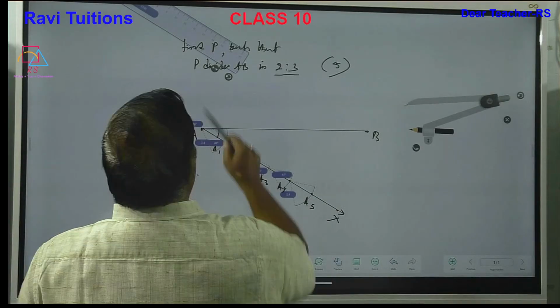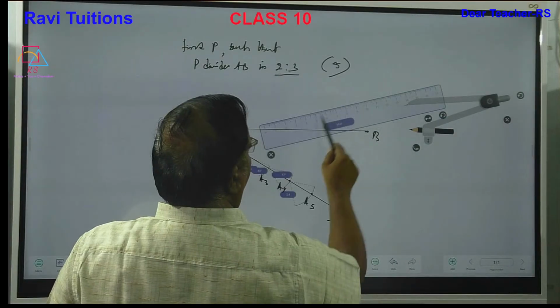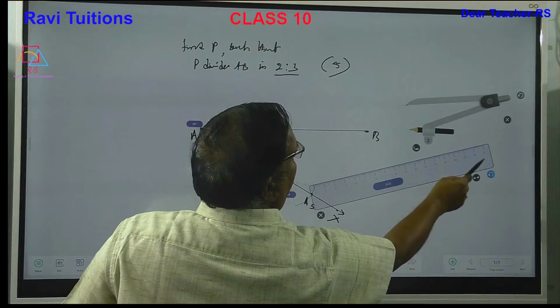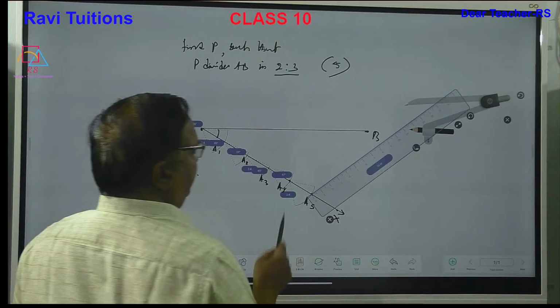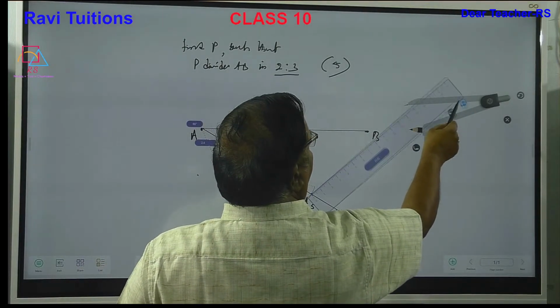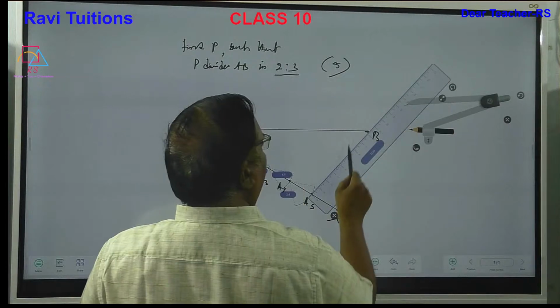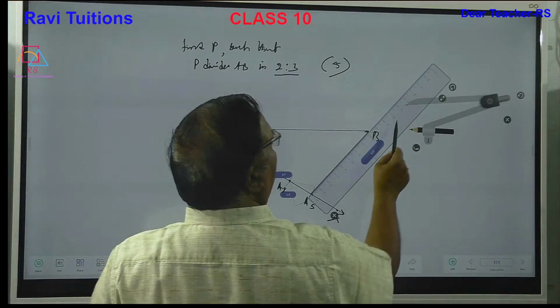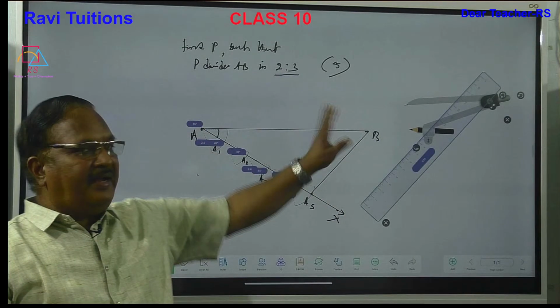Take a scale, keep it at A5 and join, so that means A5 and B we have joined.